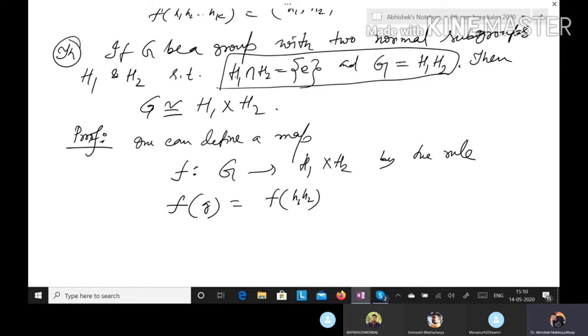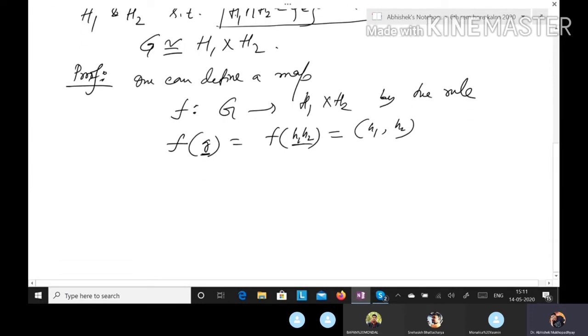So g will be expressed uniquely as h1 h2, and this brings up a map from G to H1 cross H2.